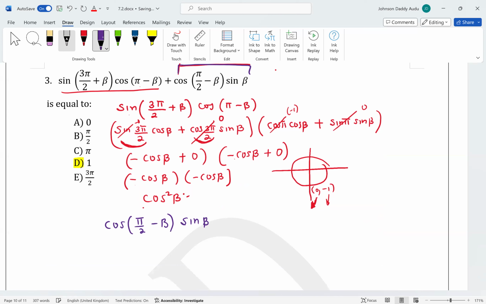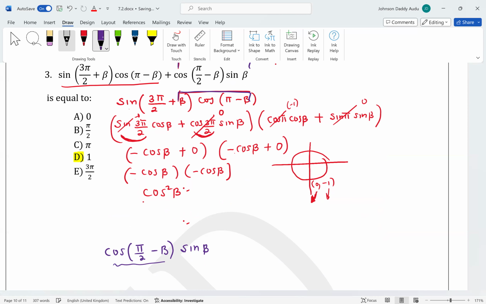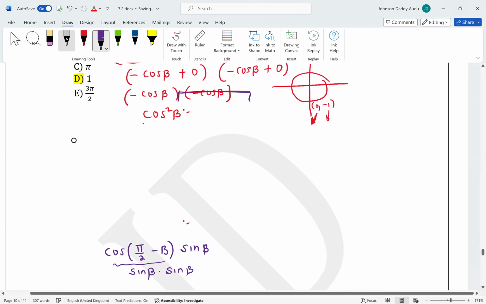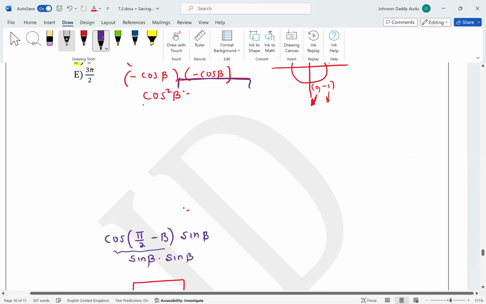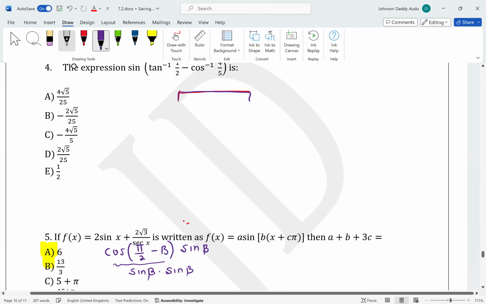This one is easy because you don't even have to expand. If you use your cofunction identity, this is just sine beta, multiplied by sine beta, right? So your answer is just sine squared beta, right?